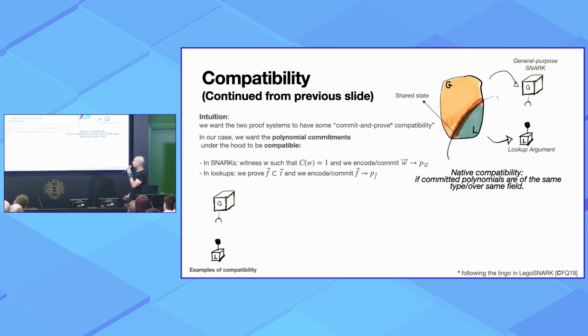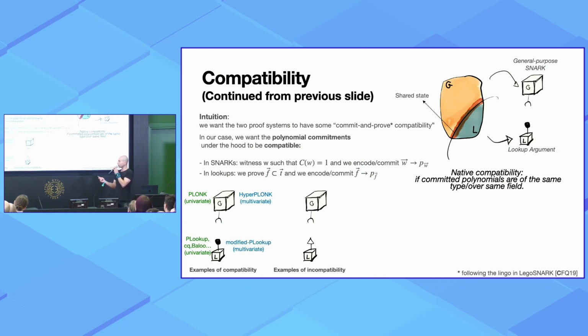Let's see examples of compatibility and incompatibility in these proof systems. For example, Plonk works pretty well with a bunch of those. If you read the HyperPlonk paper, it's nicely modularly structured.